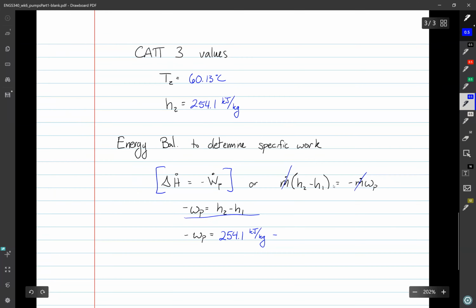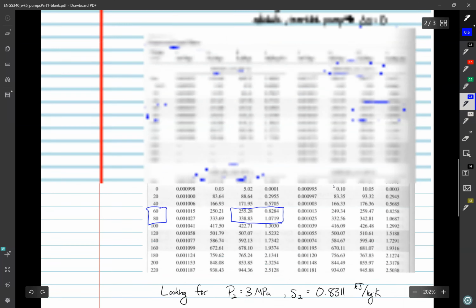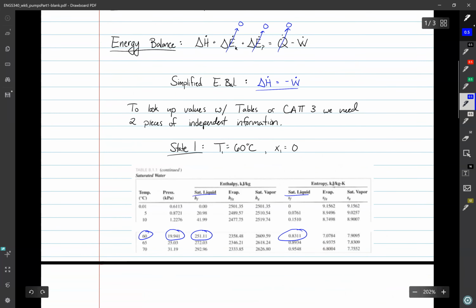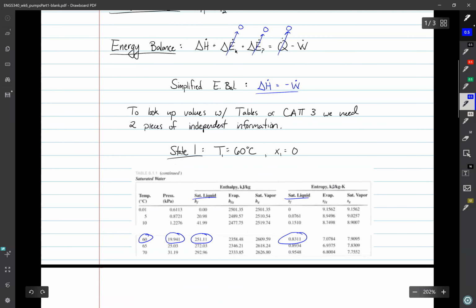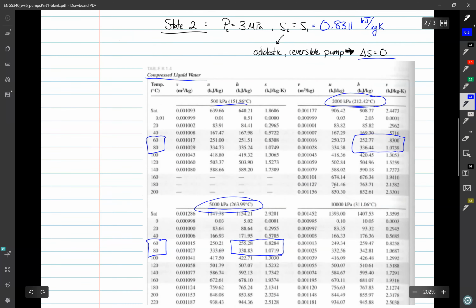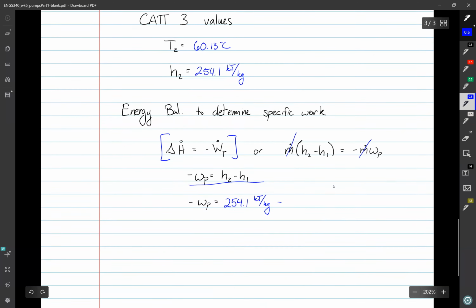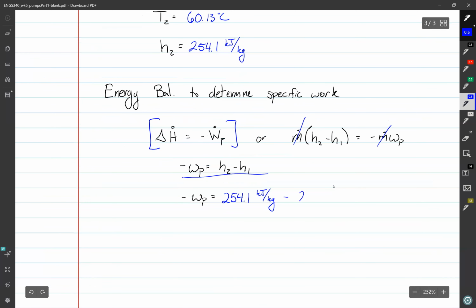minus our H1, which if you forget what that was, we looked that up a little ways earlier. That was this value here, 251.11 kilojoules per kilogram.